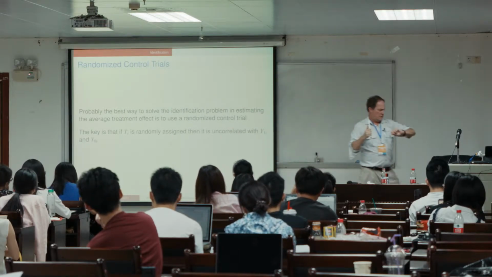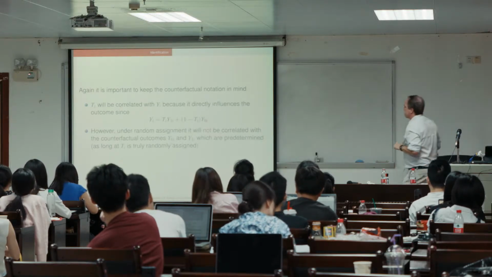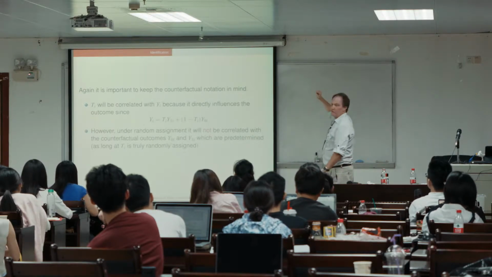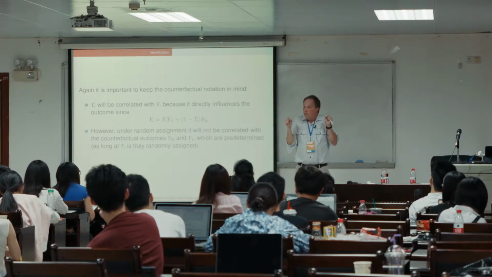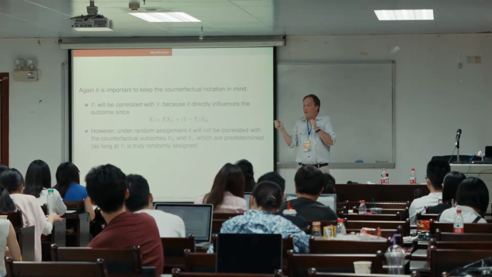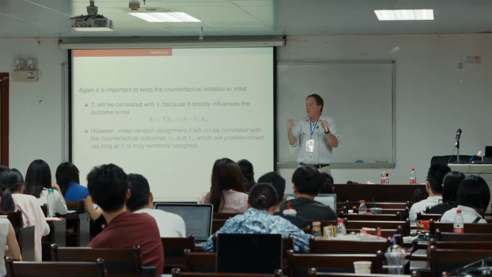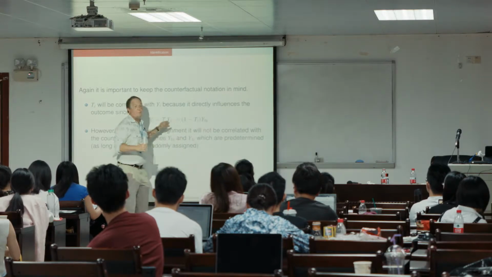Okay. So again, it's important to keep the counterfactual notation in mind. TI is going to be correlated with YI, right? So the people that get the treatment are going to look different than people that didn't get the treatment, even though you have random assignment. But that's only because the treatment has some impact.